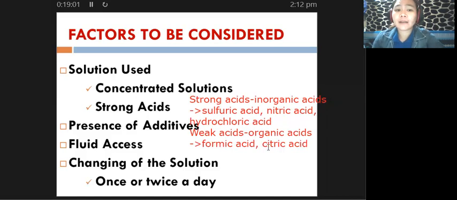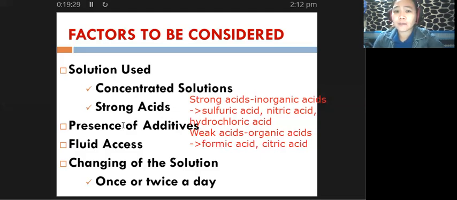Apart from that, enzyme activity may be totally lost if you make use of strong acids for decalcification. Remember, what is the nature of your enzymes? Your enzymes are actually proteins, protein in nature, and I think this is in your biochemistry.